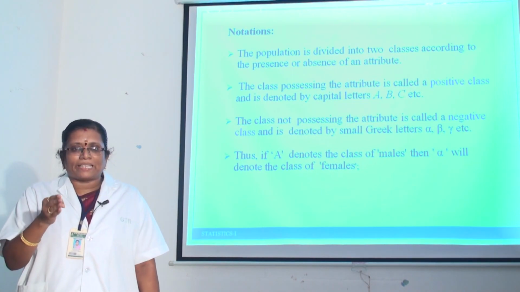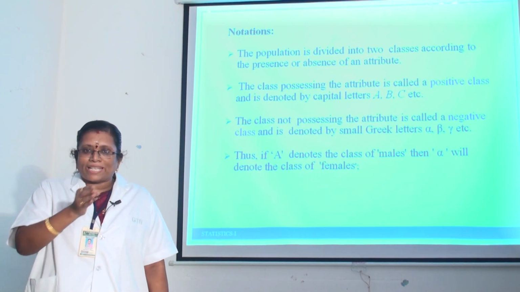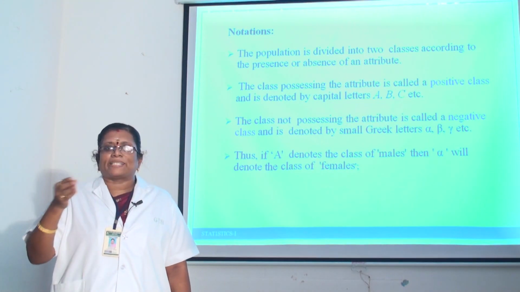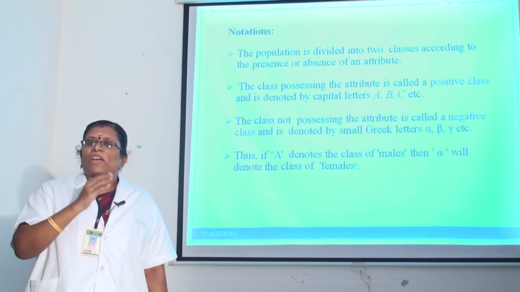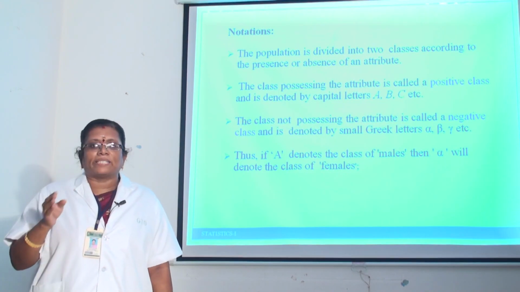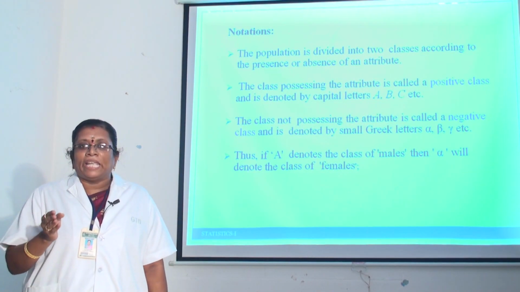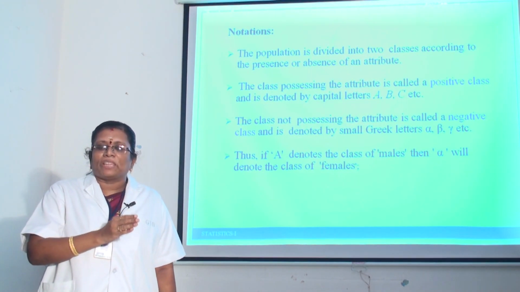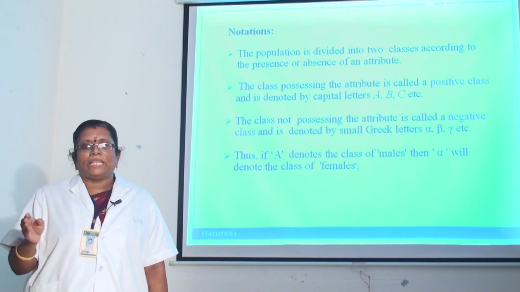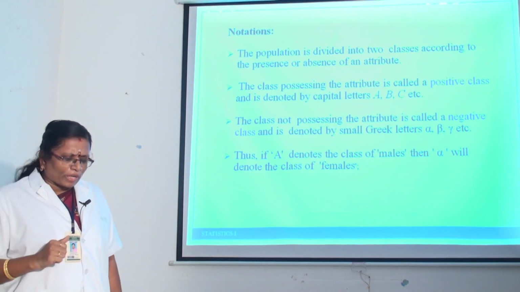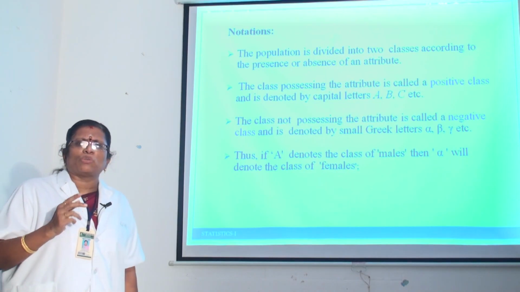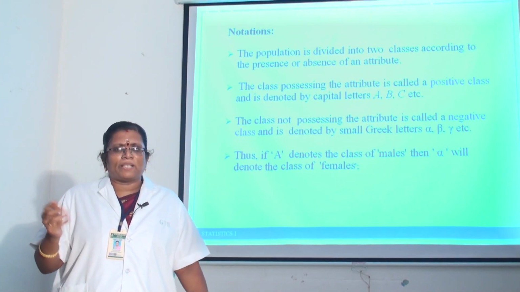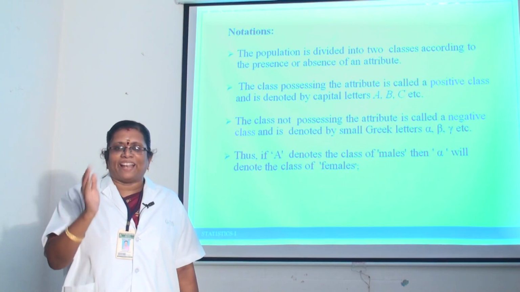I think you can understand the concept of attribute: one is positive and another one is negative. So if I consider A, I should consider alpha. Similarly, if I consider B, then I have to consider beta. You can get a confusion there: how can you choose two attributes? A person with wealth and health.